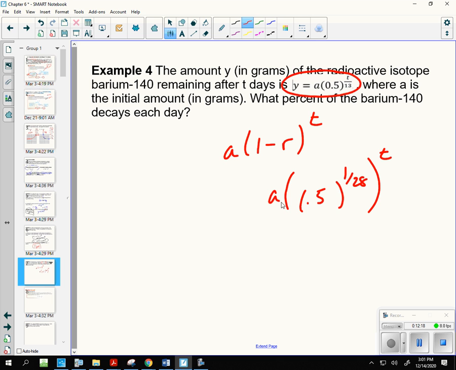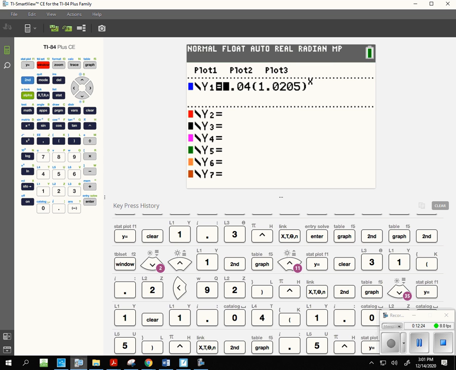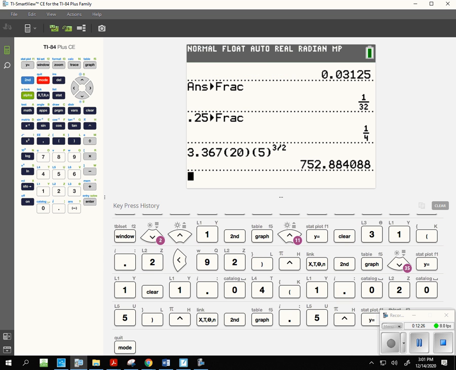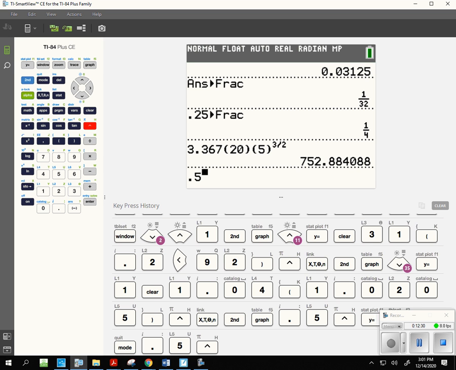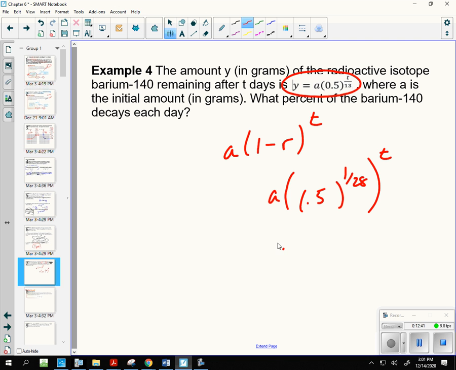Pulling out a calculator, I want to find what 0.5 raised to the 1/28th is, and I'm getting 0.9755. We're going to round to 4 decimal places there. So 0.9755 to the t.